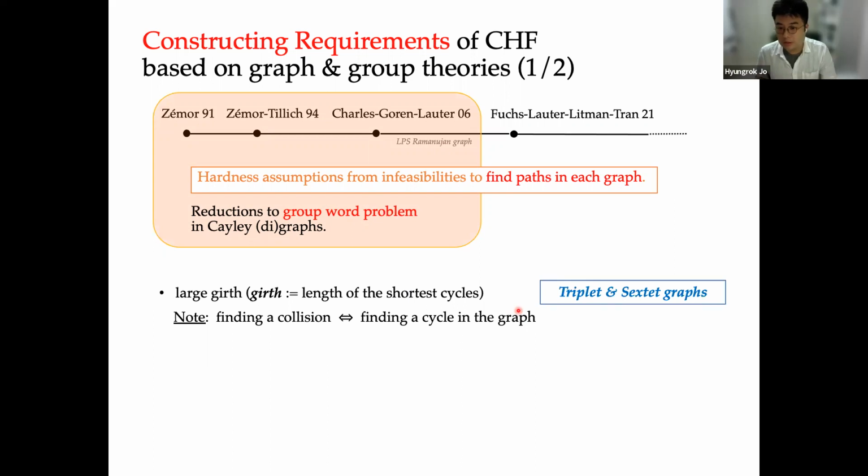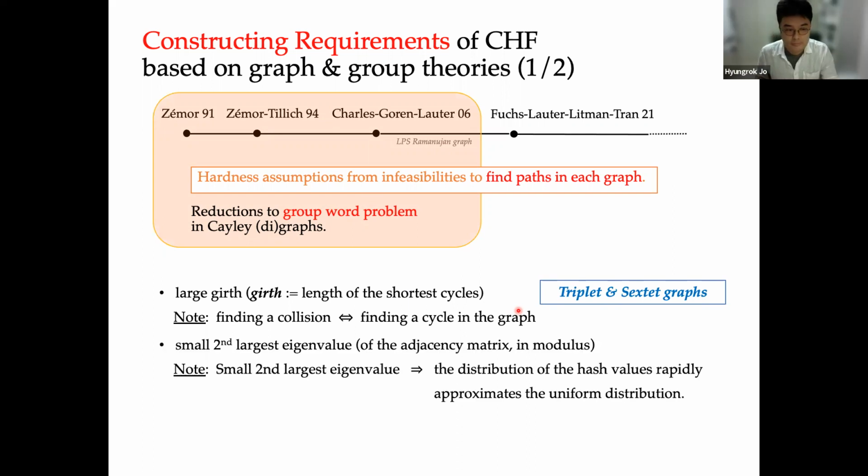Here we suggest the use of triplet and sextet graphs, which are also seen as arc-transitive graphs with large girth. We also consider the expansion property with the second largest eigenvalue, which guarantees rapid mixing of the hash value. It also concerns that the expected graph is not a bipartite graph.